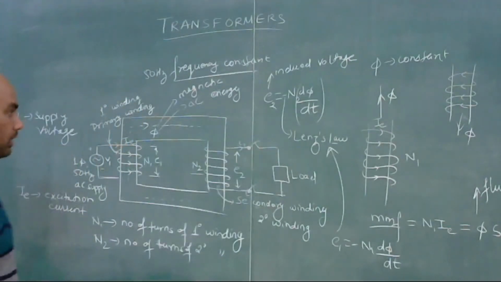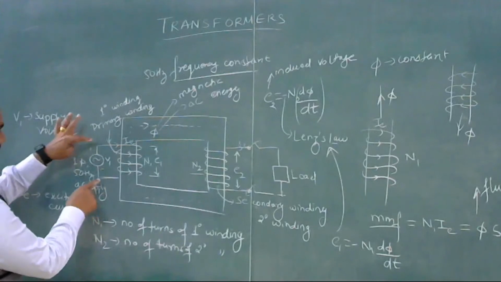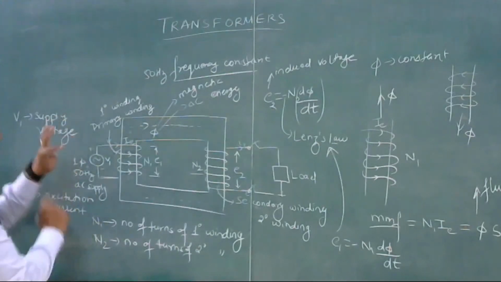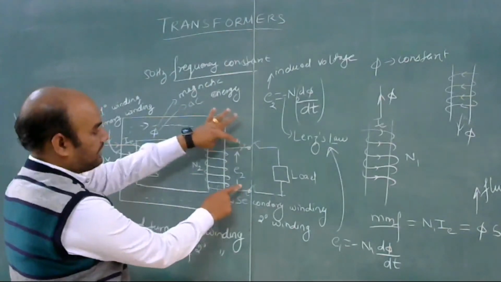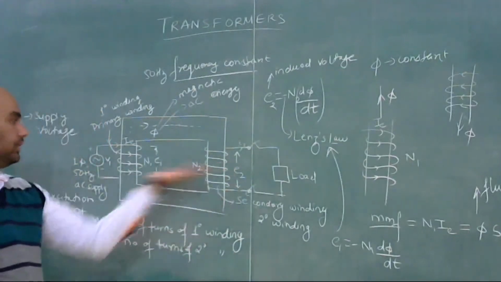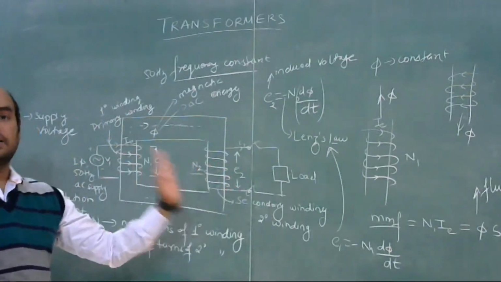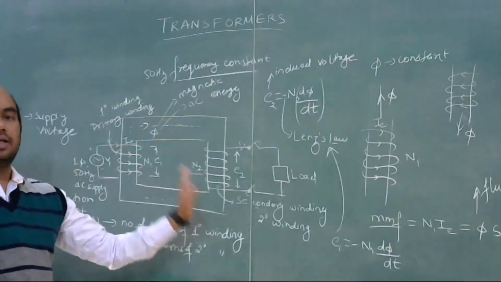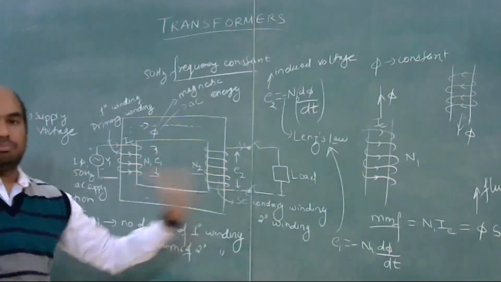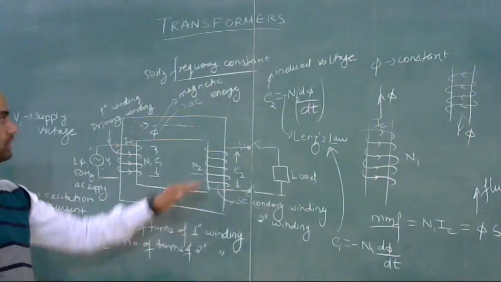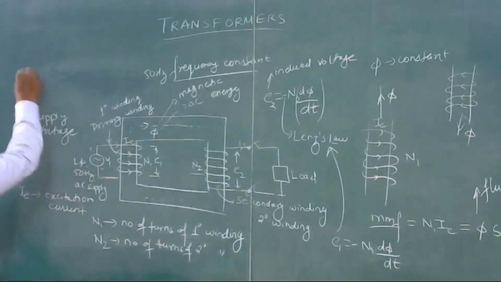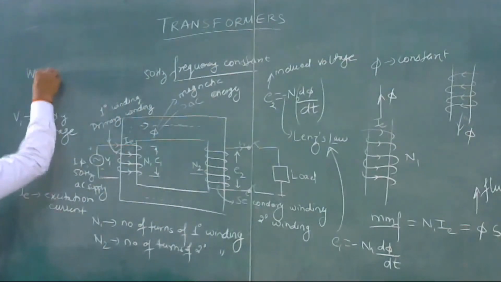So we are giving voltage in the primary side and getting a voltage in the secondary side. Although these two windings are electrically isolated, they are magnetically coupled. So this is the working principle of a transformer.